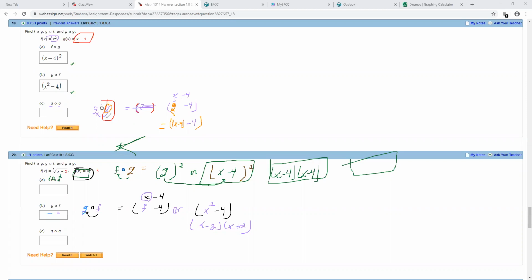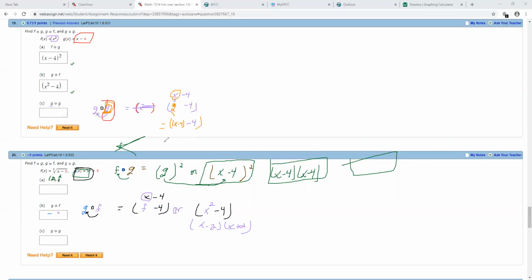So you take the first function, G, you write it down, x minus 4, but instead of x, you put whatever this one is that you're supposed to put inside. Isn't that a G right here? So you put the G right where the x is. So now you have G minus 4. But what is G? It's x minus 4. It's just kind of strange because you're putting the same function into itself.